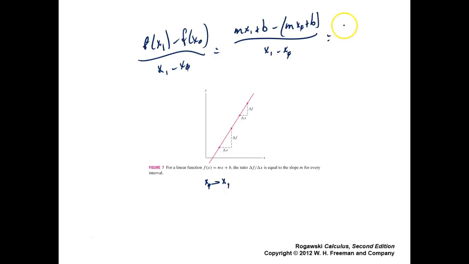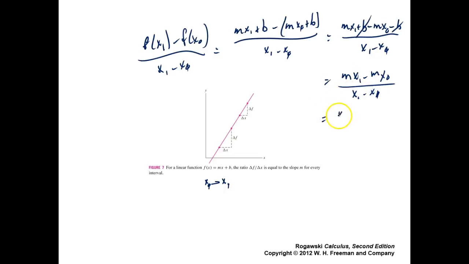Clearing parentheses a little bit, that'd be mx1 plus b minus mx0 minus b over x1 minus x0. Everybody in agreement? Well, guess what? Plus b minus b cancels. Right? So then we have m x1 minus m x0 in the numerator, x1 minus x0 in the denominator.